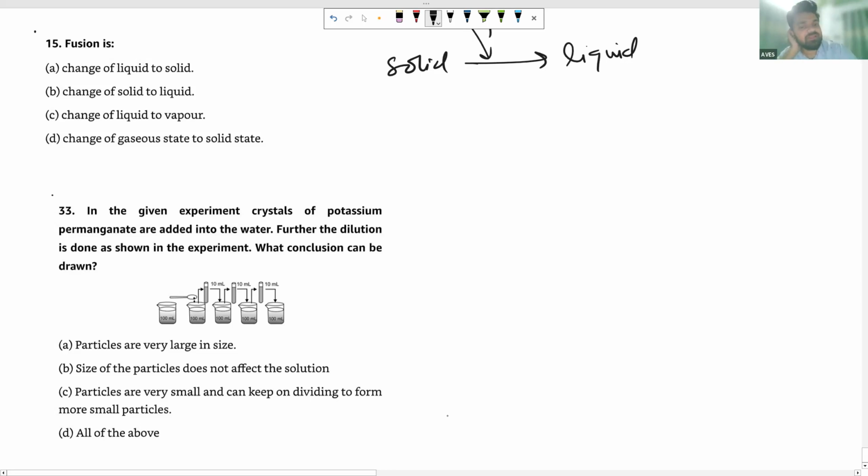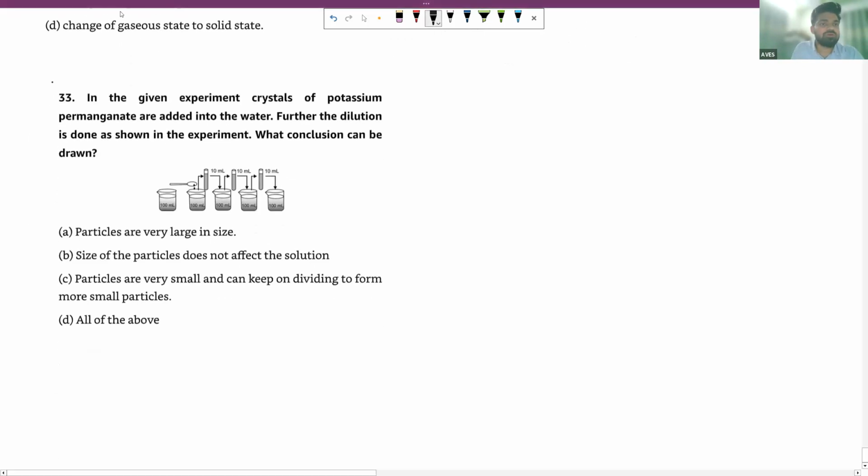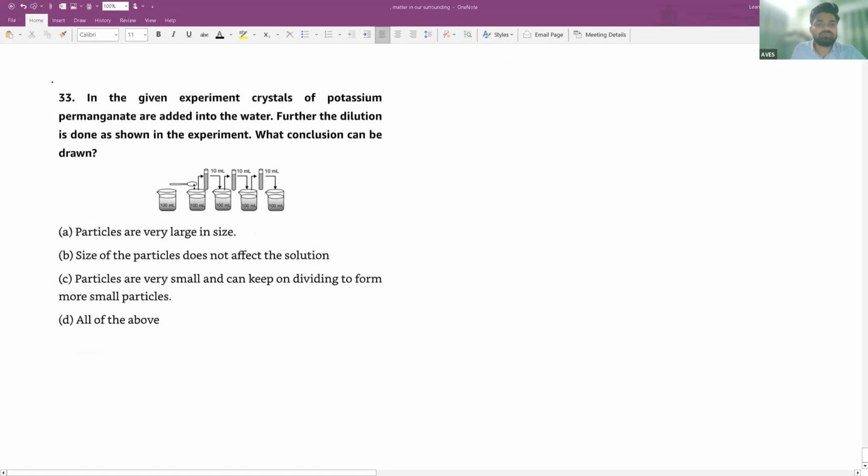In the given experiment, the crystal of potassium permanganate is added to the water. Further dilution is done as shown in the figure. What conclusion will you draw from the experiment?